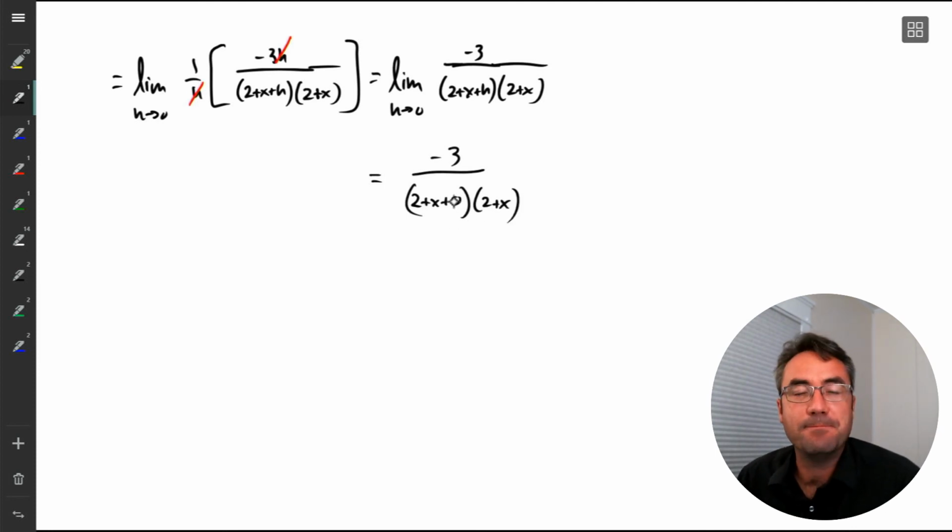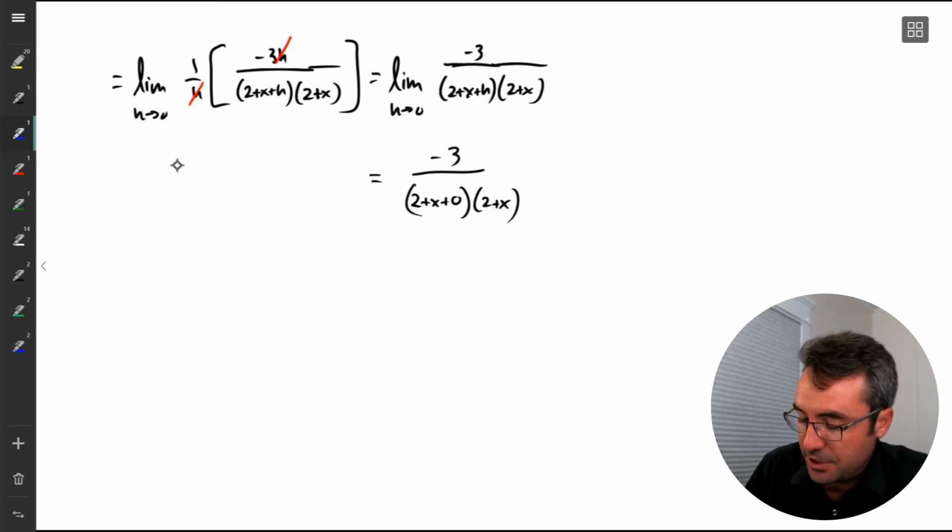And why can we do that? Again, this is a rational function. It's a polynomial divided by a polynomial, and we're viewing this denominator as a polynomial in terms of h. So h is the thing that's changing. When we plug in, notice that I still have x's here. I'm not plugging in 0 for x. I'm only plugging in 0 for h because h is the thing that's going to 0.